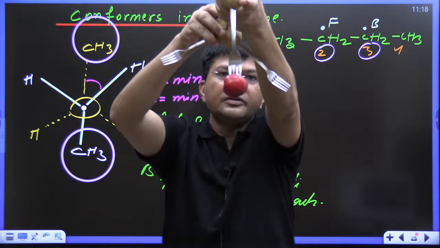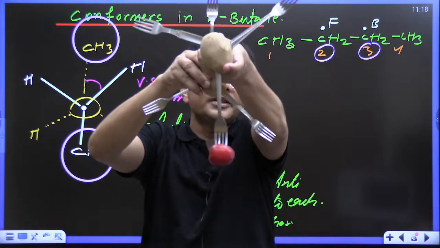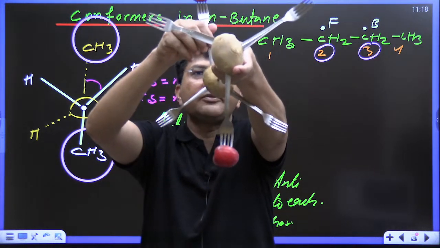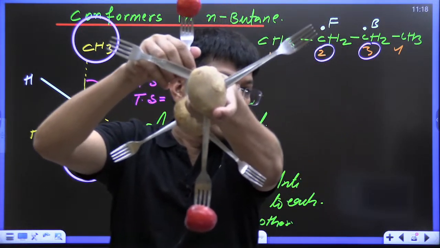Can you see? This is the anti-staggered form. If I keep the front one constant and rotate the back one, just see when you get the conformers. Kids, is everyone able to understand?